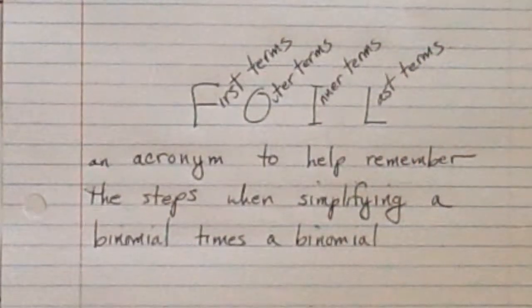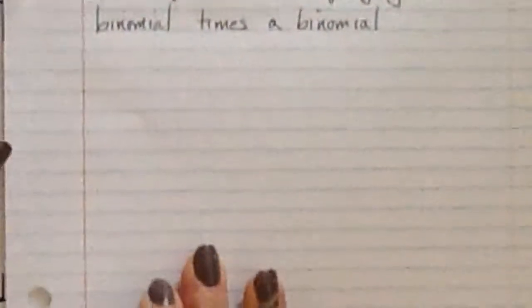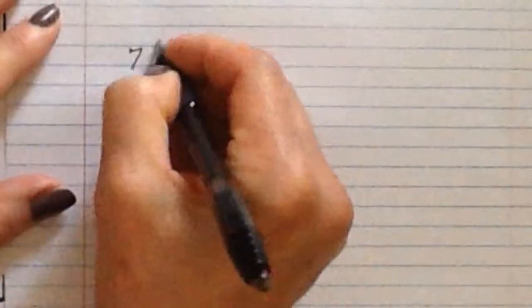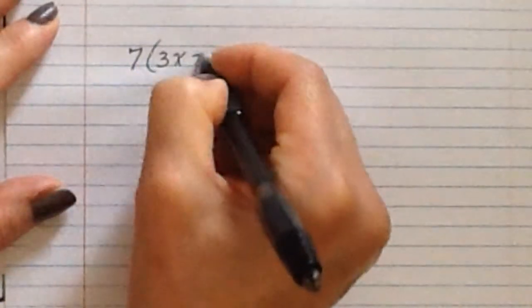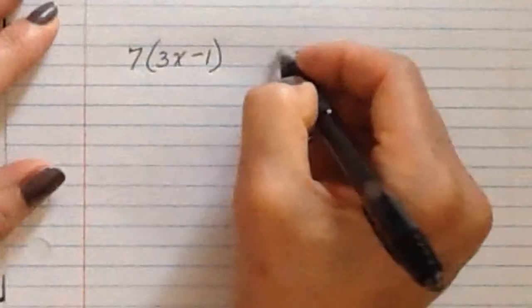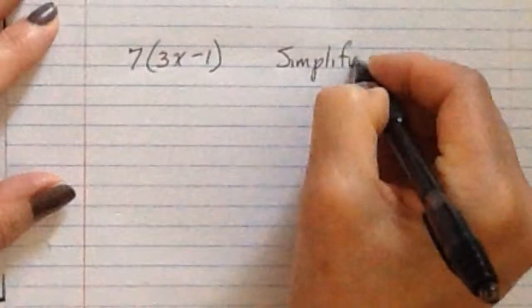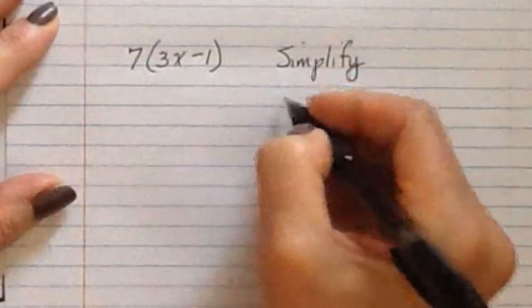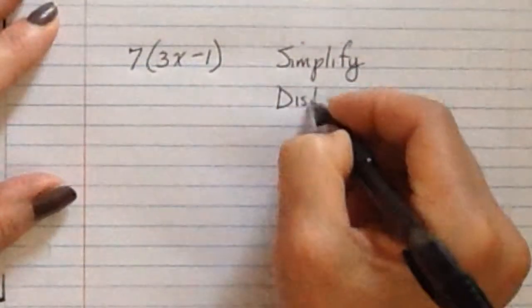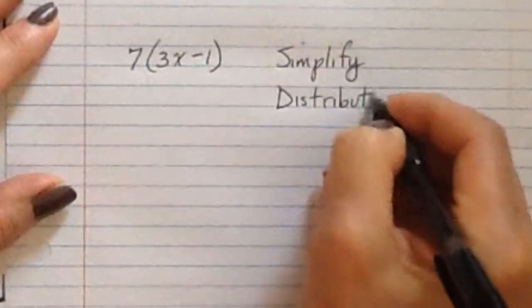Okay, but before we do an example of FOIL, I just want to quickly review the following. What if I had 7 times the quantity 3x minus 1, and the instructions were to simplify? I think everybody knows that in order to simplify this expression, you would simply distribute the 7 over that difference.